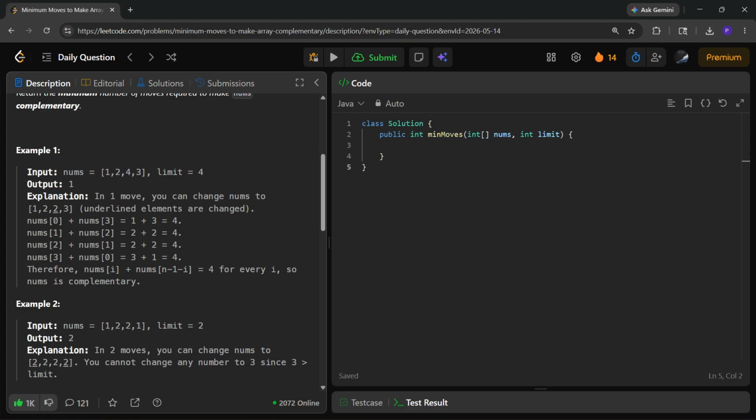You have an array of size n, which is even in length, and the first example is 1, 2, 4, 3. The sum of this is equal to 4, the sum of this is equal to 6.